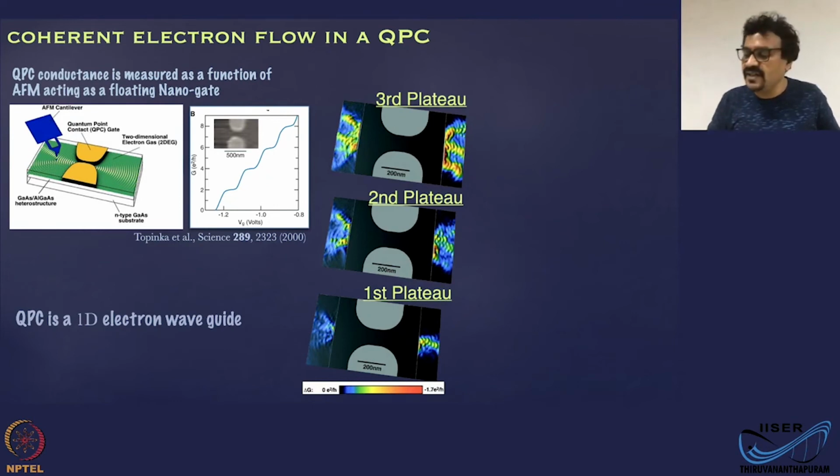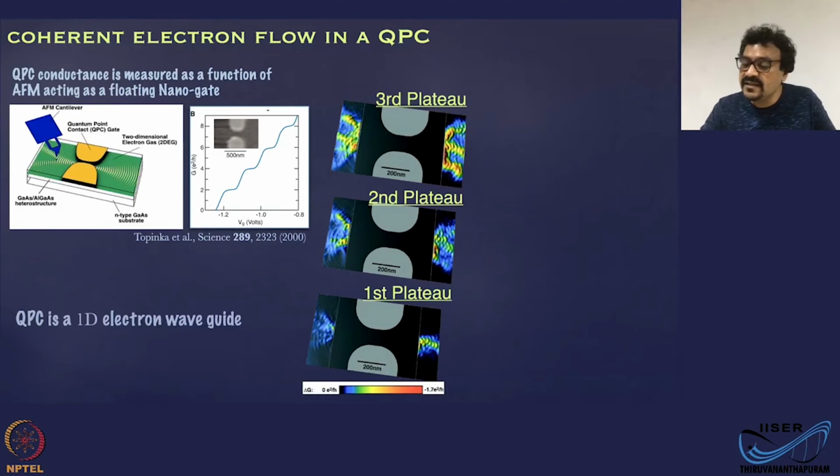Okay, so what they have done is, they measured the transport through this device, and without this tip, we just got this step-like behavior. Now what they did is, they parked on these plateaus, for example, first plateau, second and third, and so on. And the first plateau should have only one mode going through it.